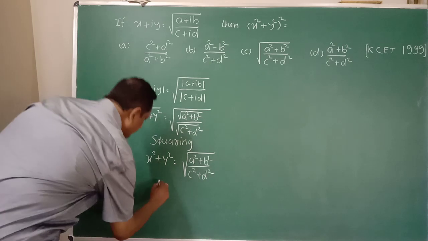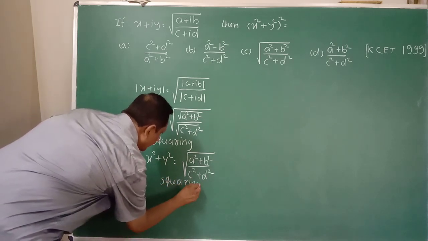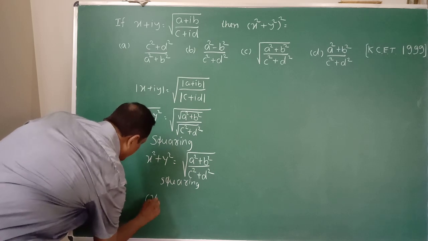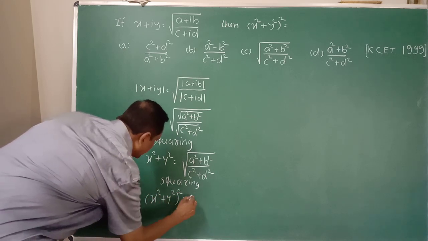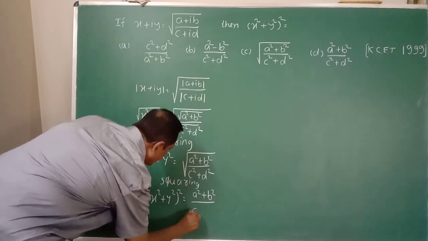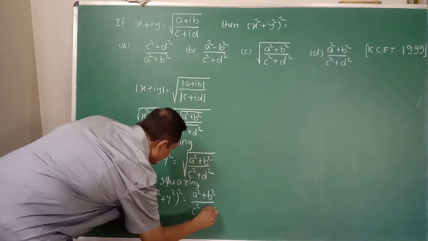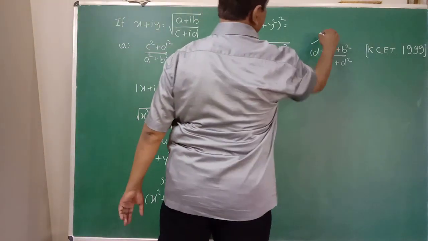Again squaring on both sides: (x square plus y square) whole square is equal to (a square plus b square) divided by (c square plus d square). Therefore, the fourth one is the correct option.